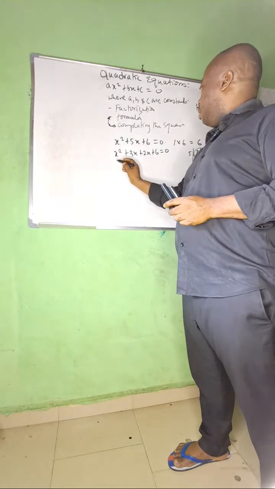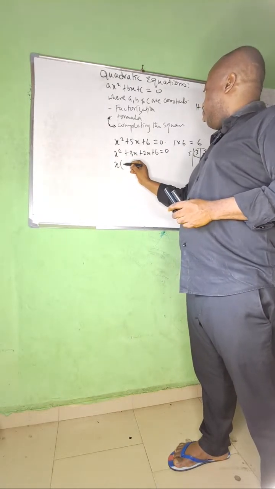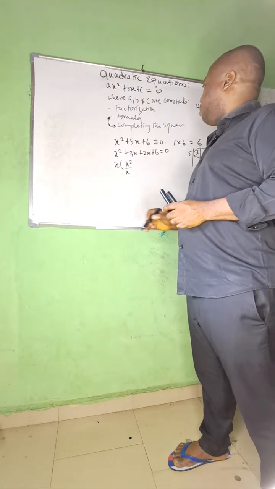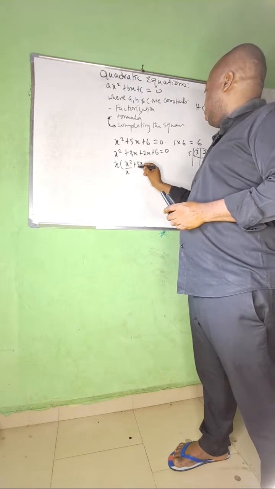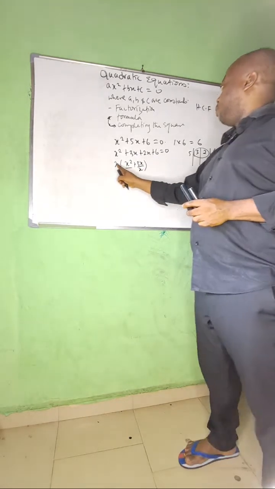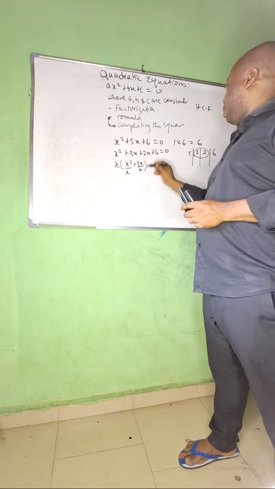So that would be x, and you multiply and divide by that same term. So 3x you divide. The reason is that if you open this bracket, you get back the same thing.